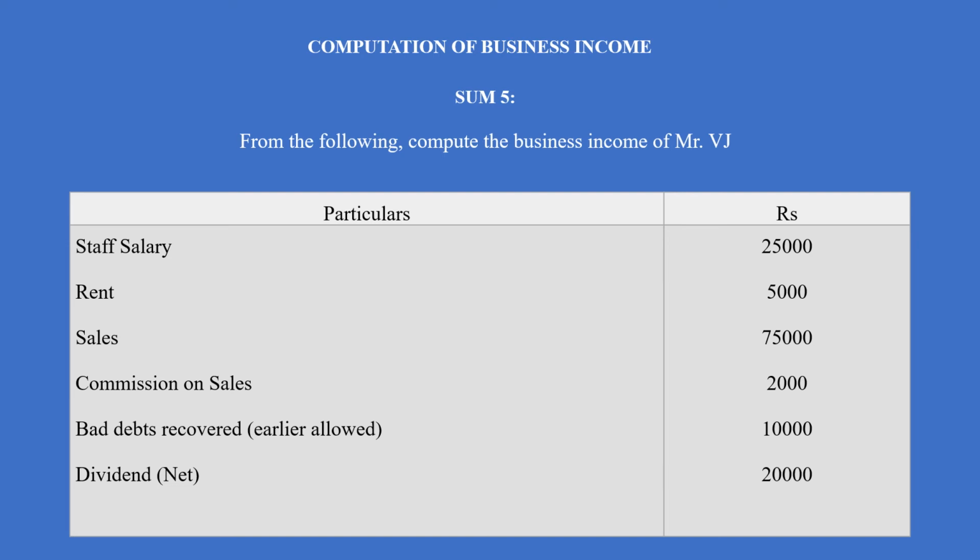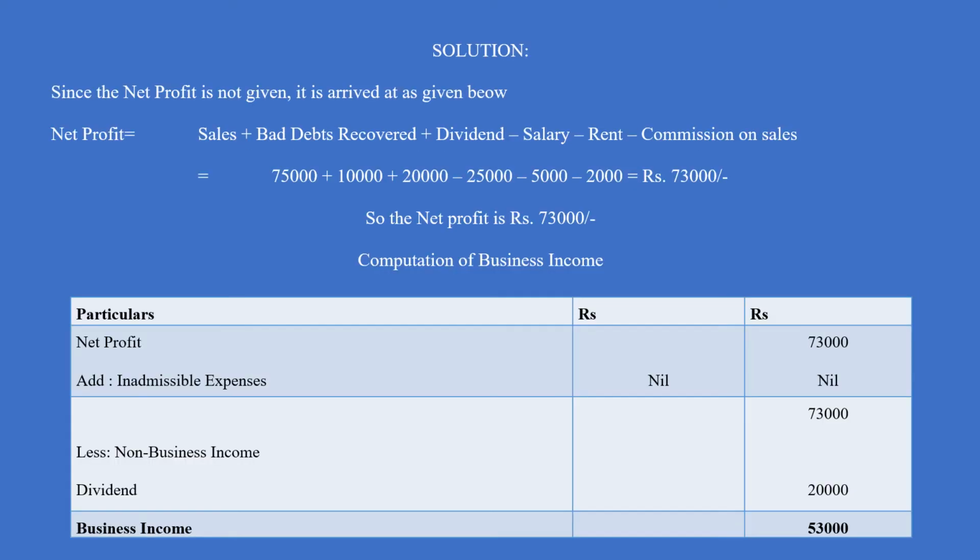So from this, first you have to see what your net profit is. To calculate the net profit, the profit and loss account has to be drawn. So how can you calculate the net profit? You have sales, you have bad debts recovered, which is again an income, and dividend is also an income. All these three are income that is coming to the company.